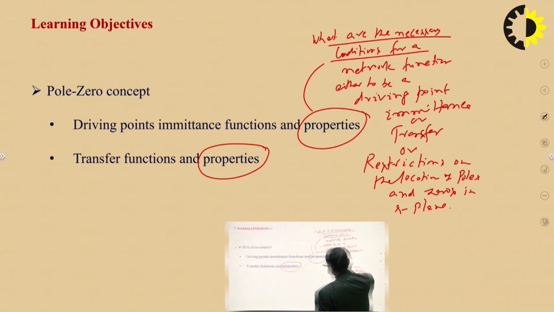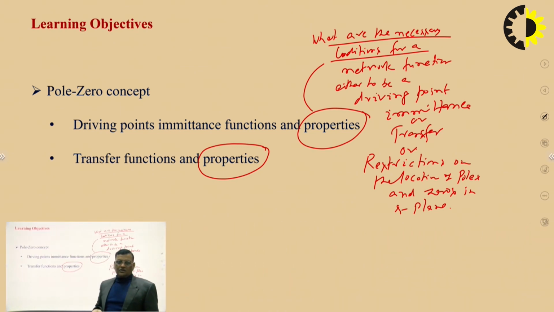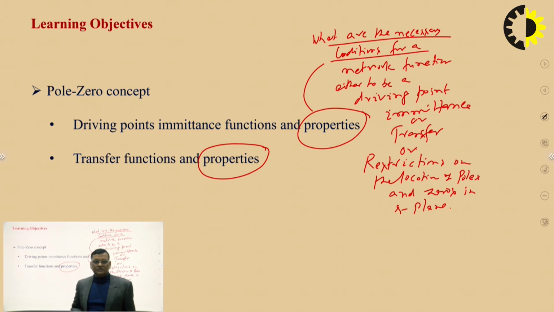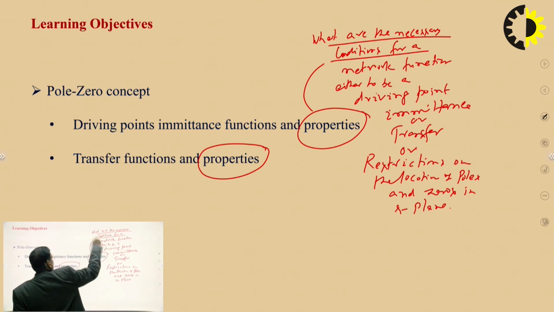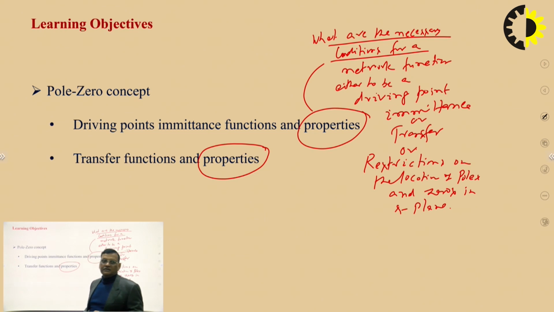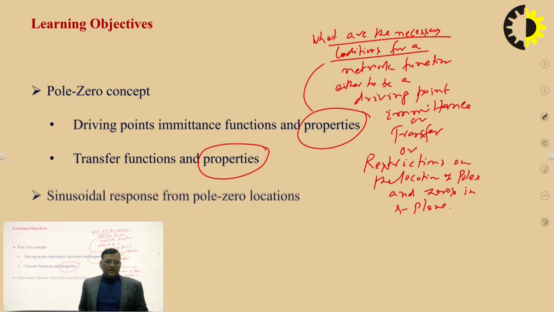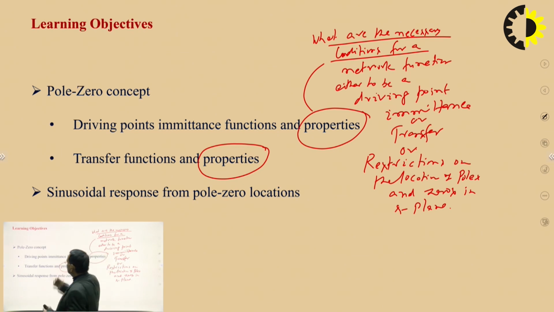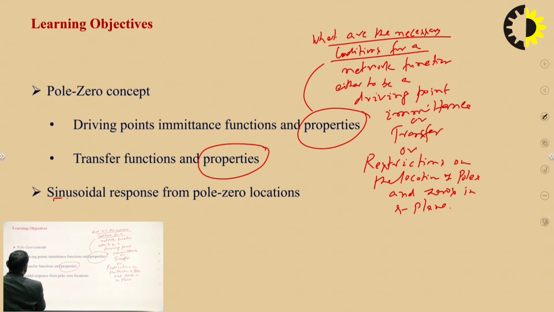So property means the necessary conditions or restrictions on the location of poles and zeros in the S-plane. Under this we will cover all the conditions for a network function to be a driving point immitance function or transfer function. Then using the pole zero plot we can find out the sinusoidal response.